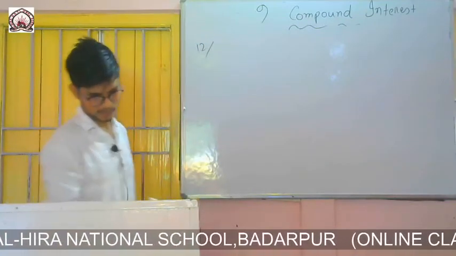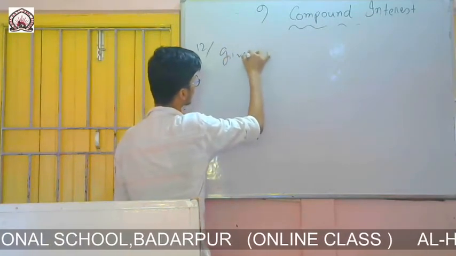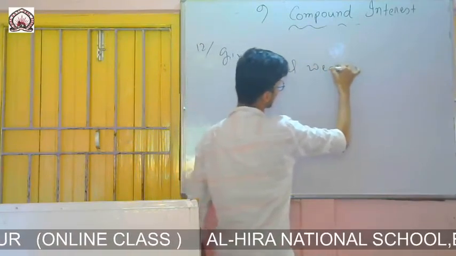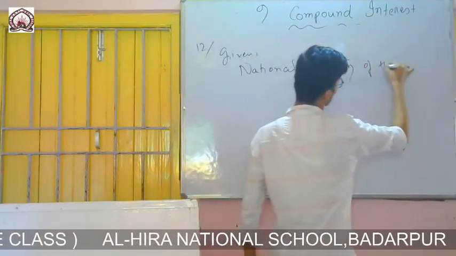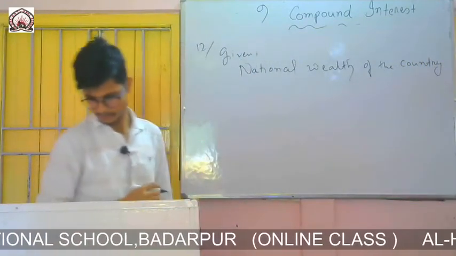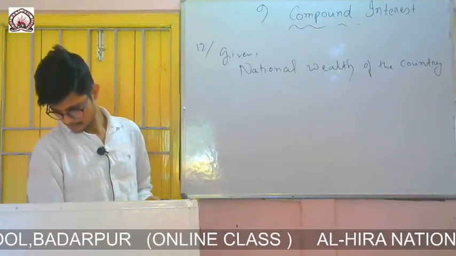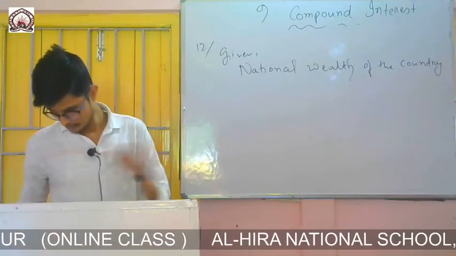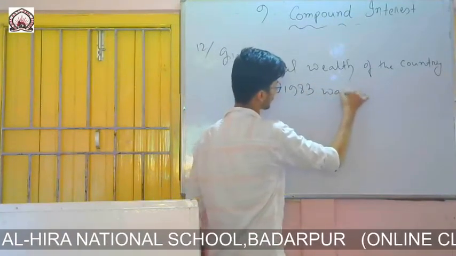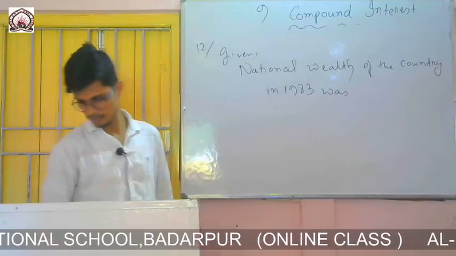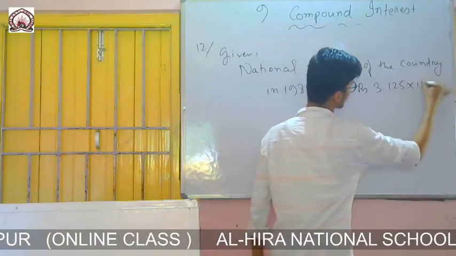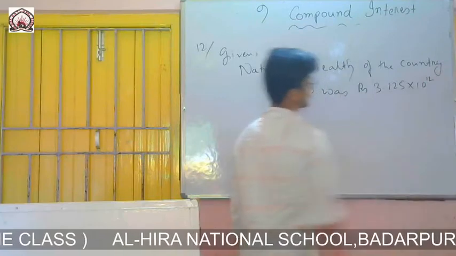So you write, given: the national wealth of the country in 1983 was rupees 3.125 into 10 to the power 12.